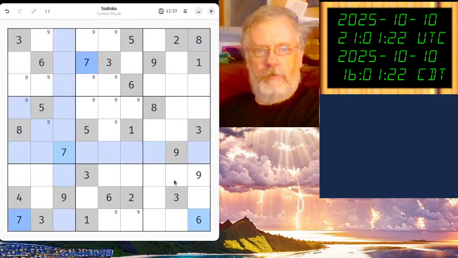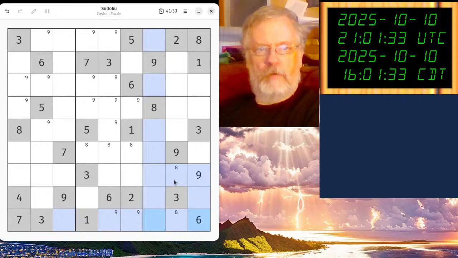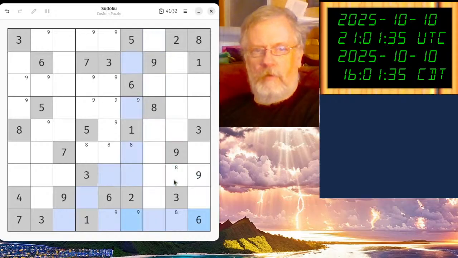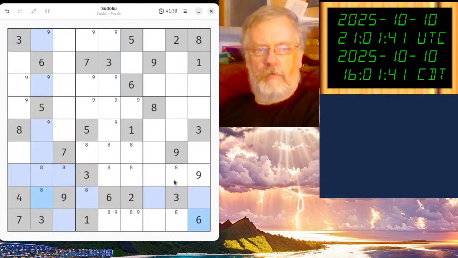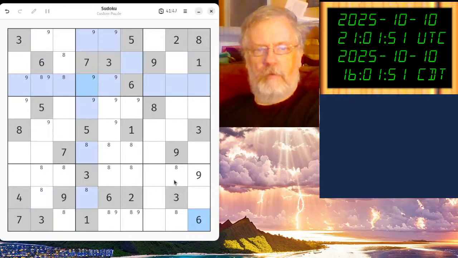Okay, 8s. I've got 3 possible 8s here. 2 possible 8s here. 5 possible 8s here. 4 there. 3 here. 3 here.